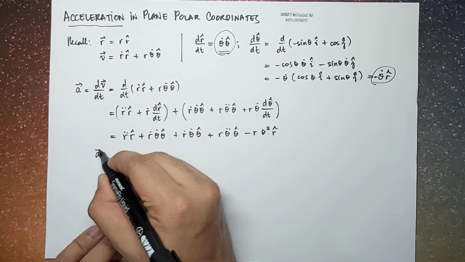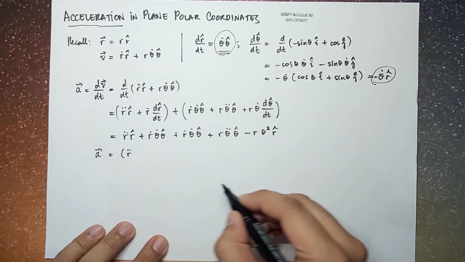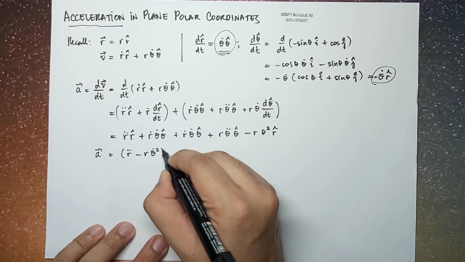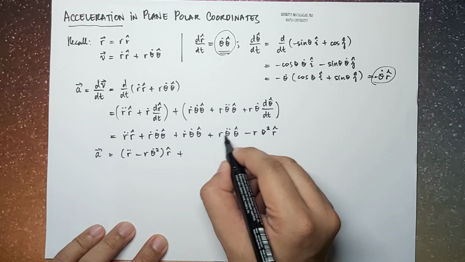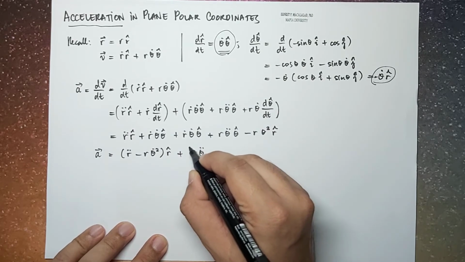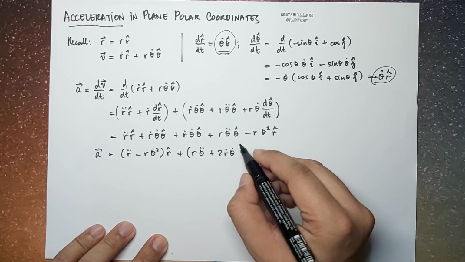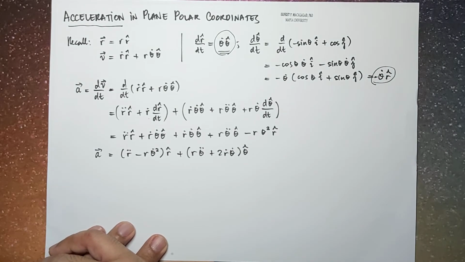Therefore, the final form of the acceleration in plane polar coordinates is given by r double dot minus r theta dot squared r hat plus r theta double dot plus 2 r dot theta dot theta hat. Here the radial component and the transverse component are given by these two.